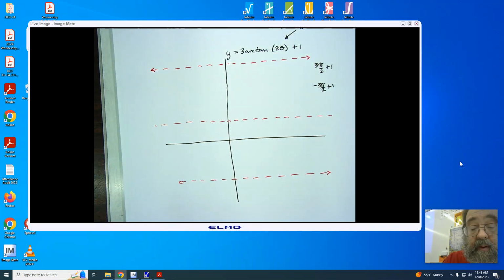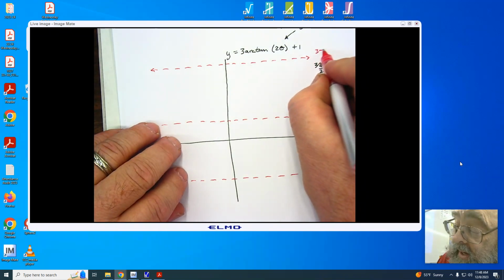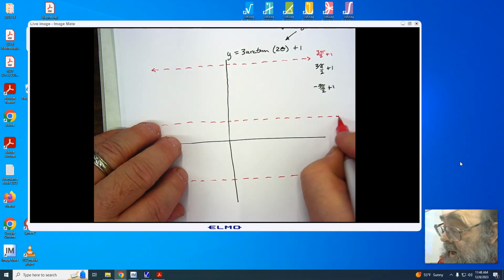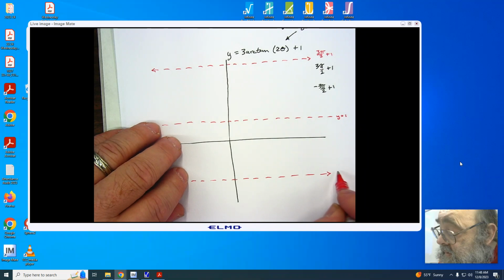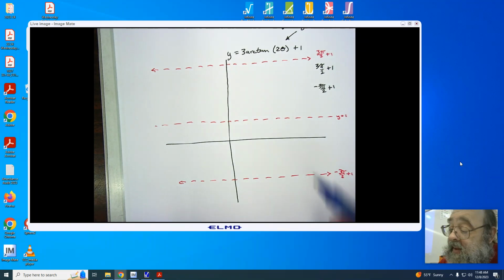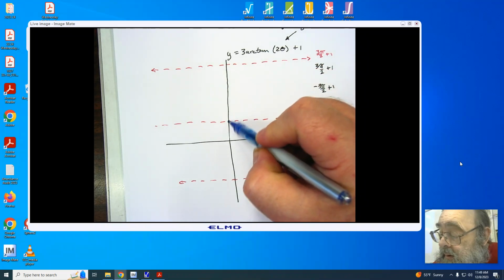All right. So our first step is going to be making sure that we identify what these asymptotes are. So this is 3 pi over 2 plus 1. This is y equals 1. And this is -3 pi over 2 plus 1. Our arctangent does the same thing that it always has to do. So we're looking at squeezing up.